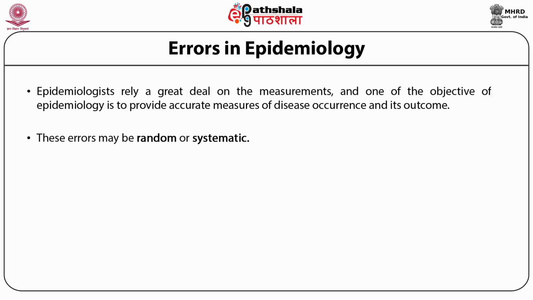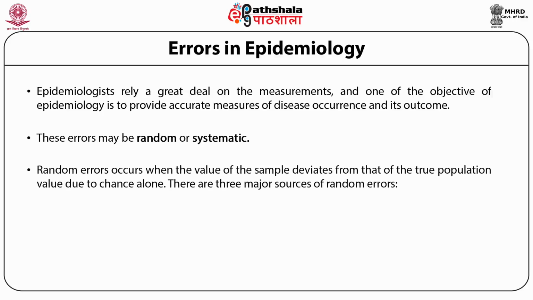The errors in epidemiology may be classified into two types, random or systematic. Random errors occur when the value of the sample deviates from that of the true population value due to chance alone. There are three major sources of random errors, which include individual biological variation, sampling error, and measurement error.